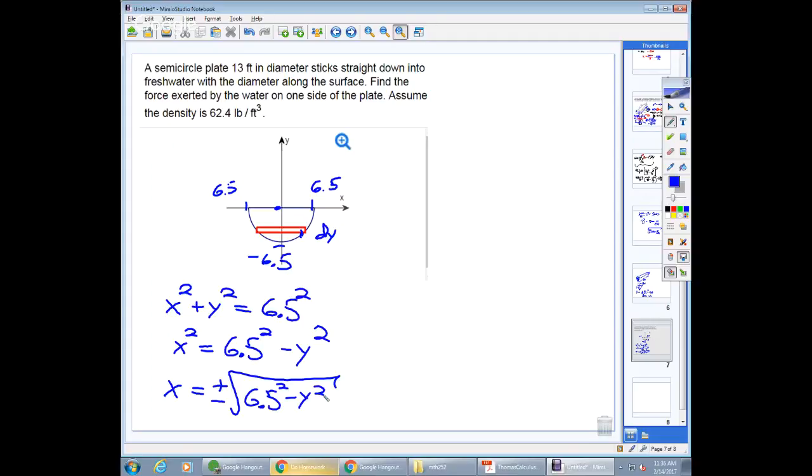If y is oriented up, we want the minus version of it. Oh, wait a minute. Sorry, I lied. X equals right side. Sorry, you're right. I have my boundaries backwards. So the plus would be this side, the minus would be that side. Yes, so Stanton is correct. We can go with the plus side.